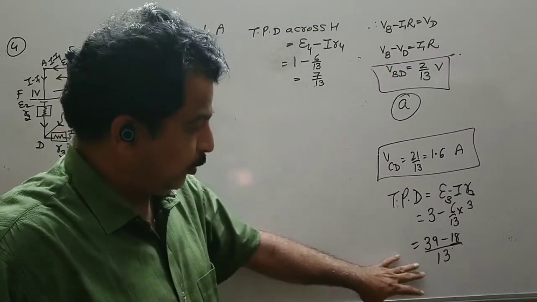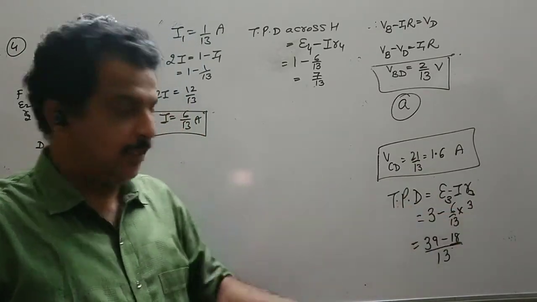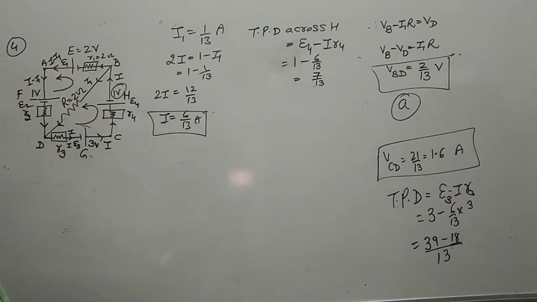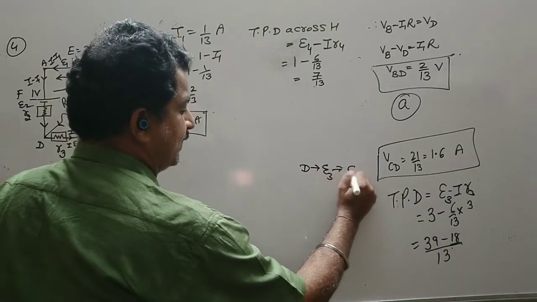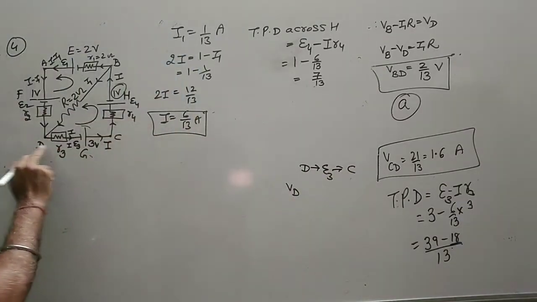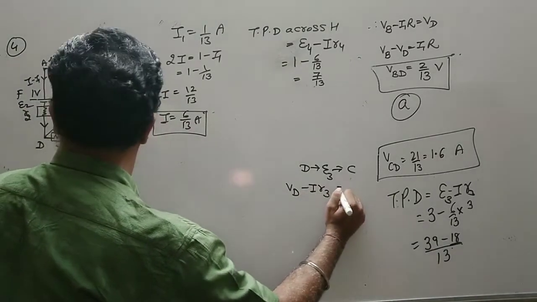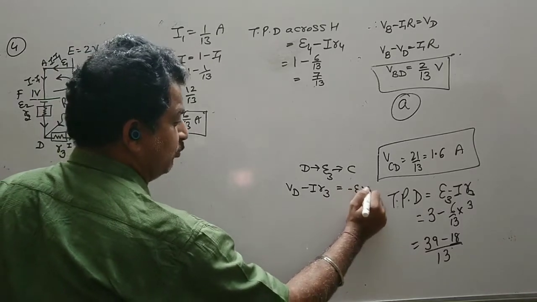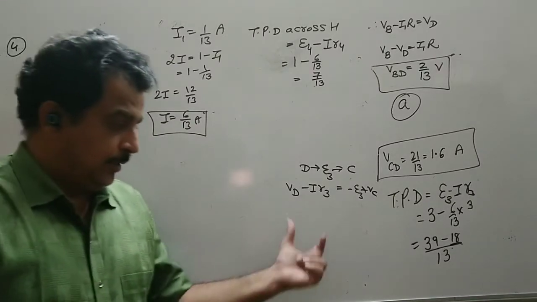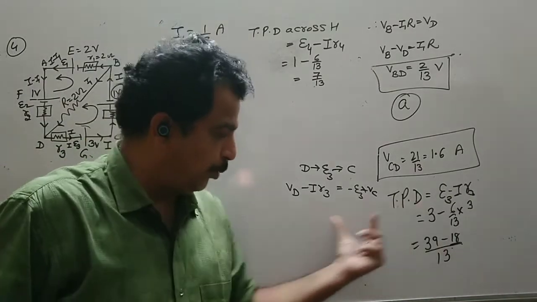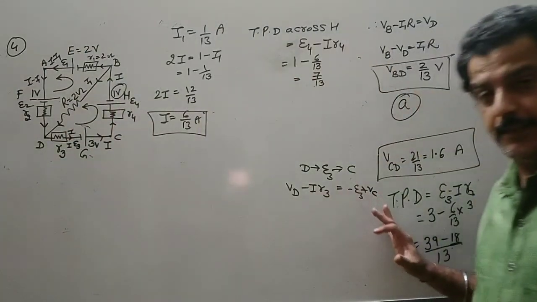We found the terminal potential difference directly by the formula, and the other by applying the Kirchhoff law from point D through E3 to point C, writing VD minus I R3, negative terminal first, so minus E3 plus VC, and the answer was the same in both cases.